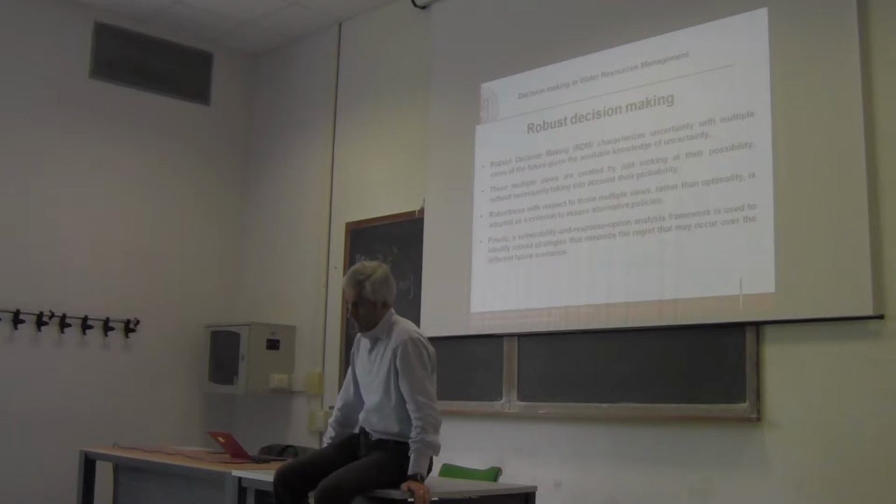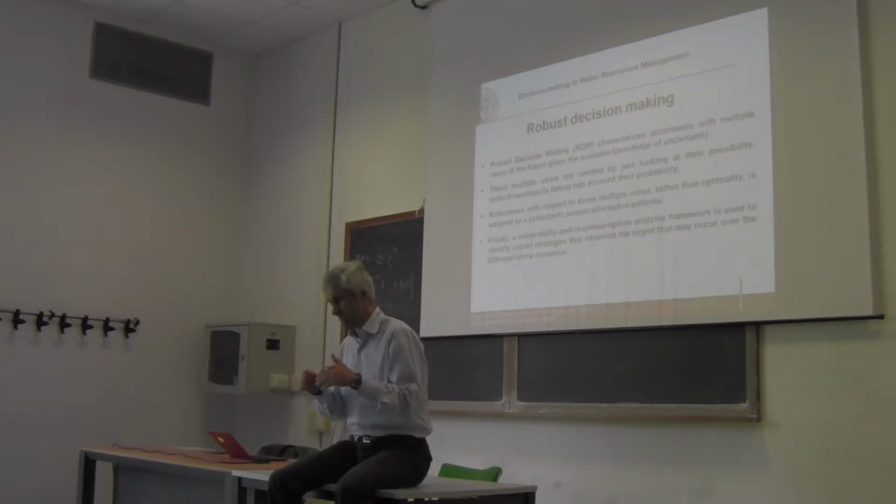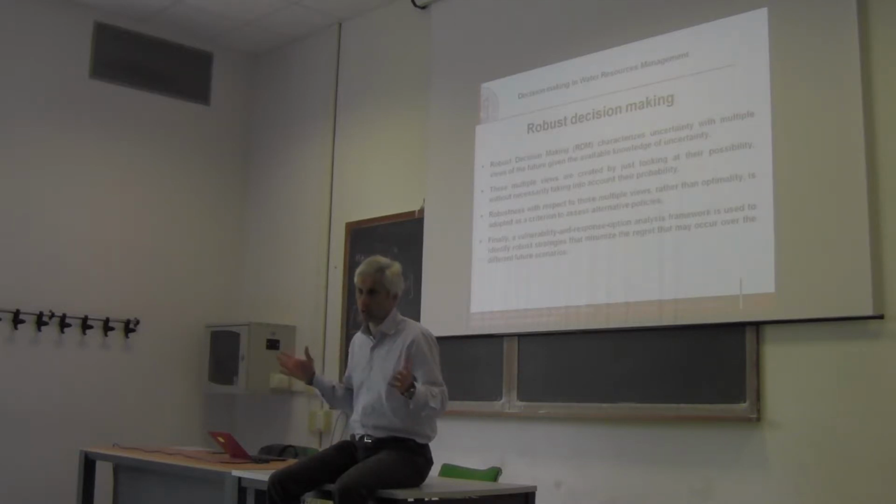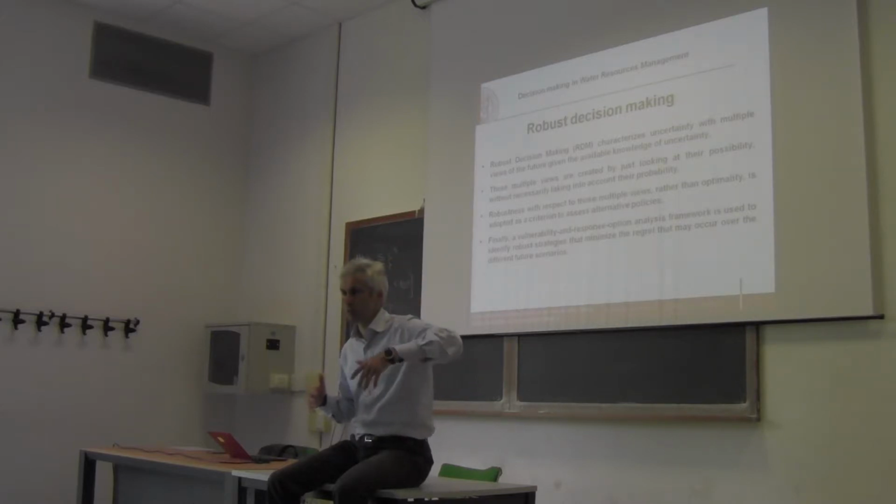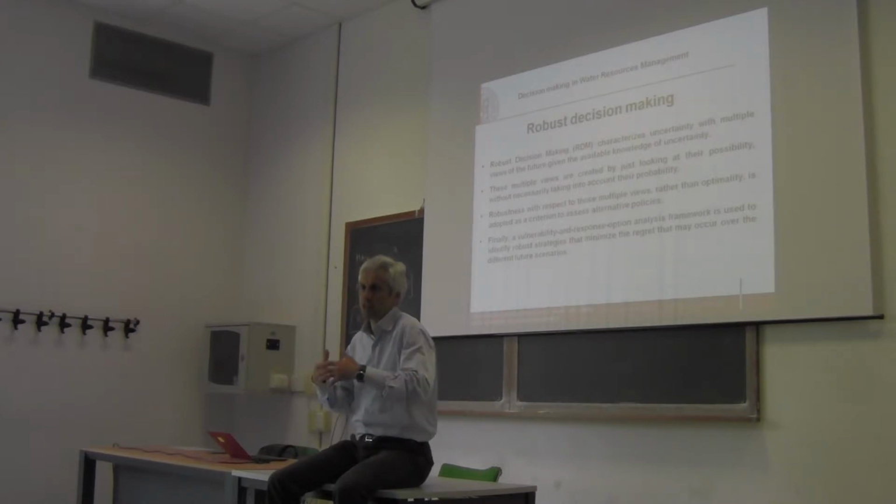Actually, what happens usually when applying these methods is that there will be some future scenarios for which there is no solution. So if one says rainfall is going to decrease 80% in the future, you will see that it's something that whatever decision you take, you cannot recover from. And therefore, these scenarios may be rejected.